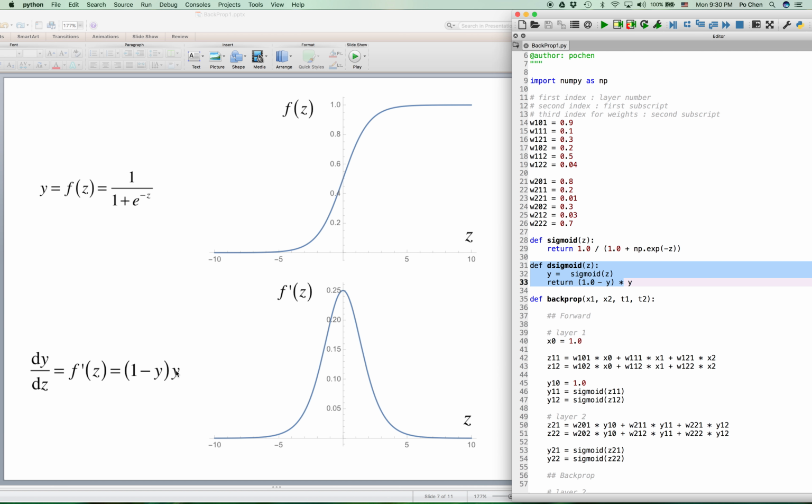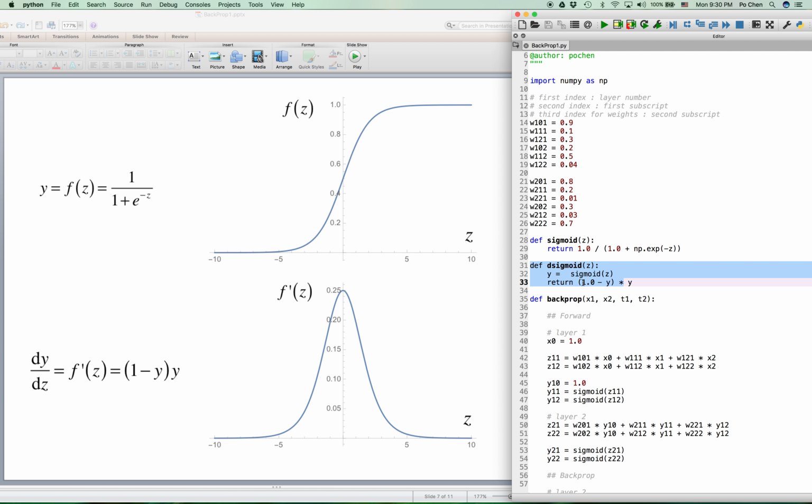If y is the output of the sigmoid function for the input z, then the derivative of the sigmoid function should be 1 subtract y multiplying y.